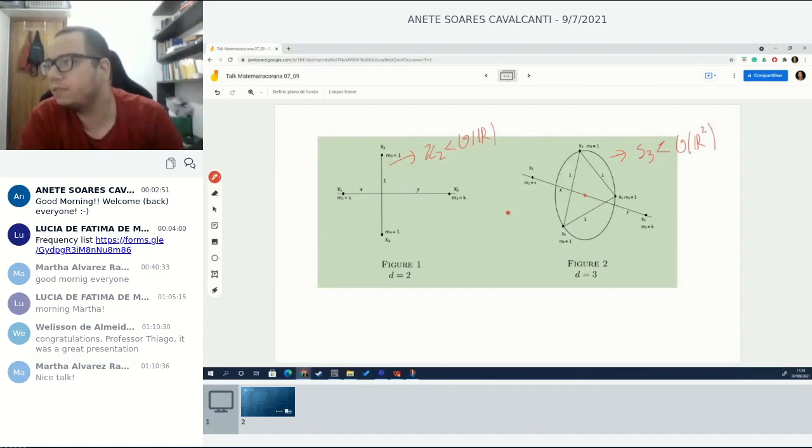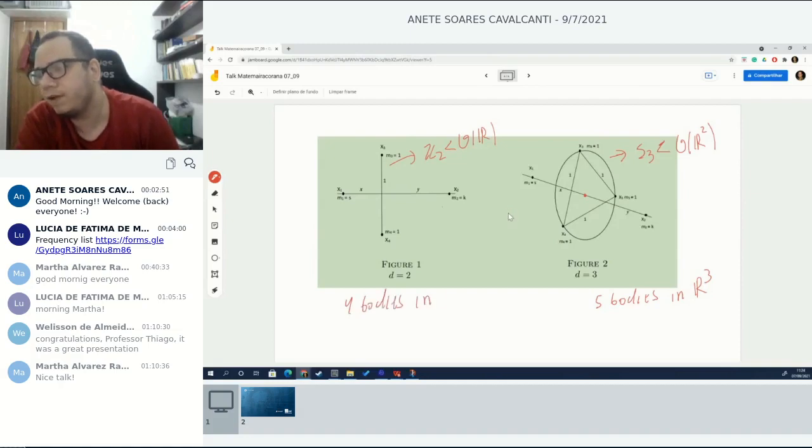Then these are D+2 CCs. These CCs are Dziobek central configurations. We have in here 5 bodies in R3. This is a Dziobek configuration. In here we have 5 bodies in R2.